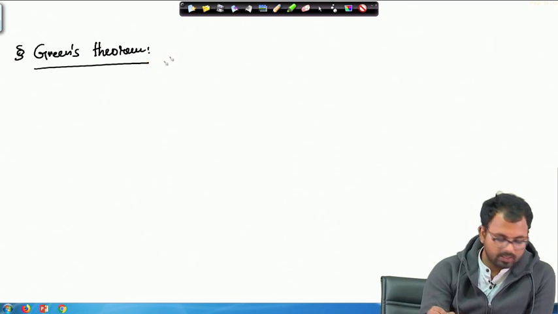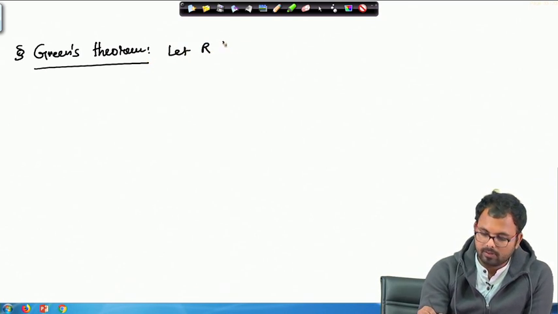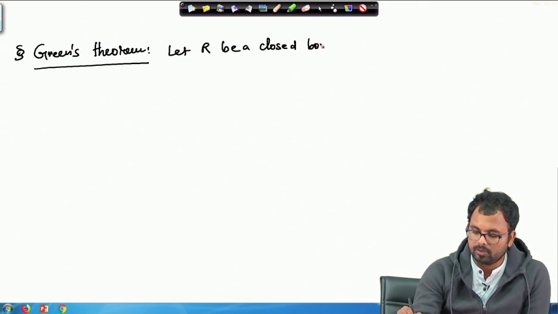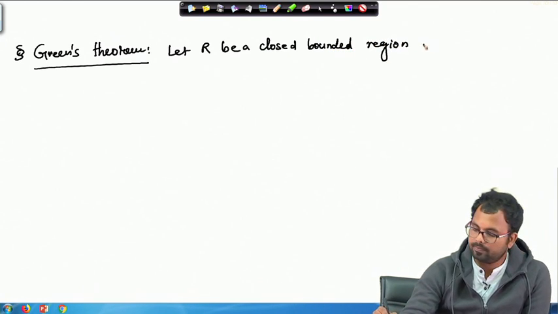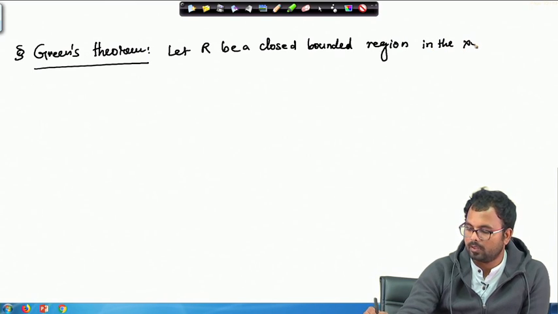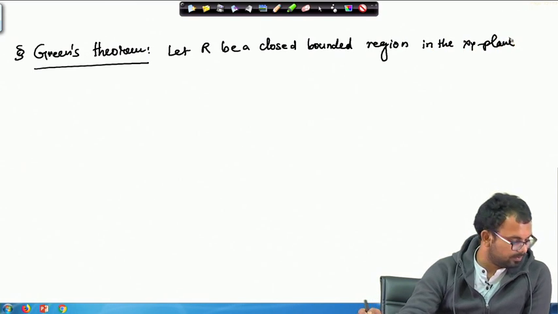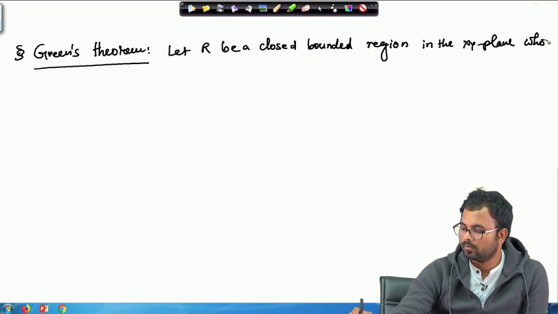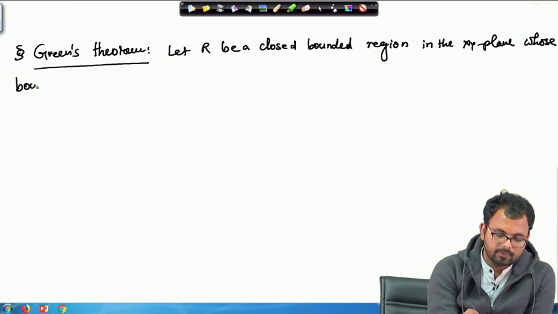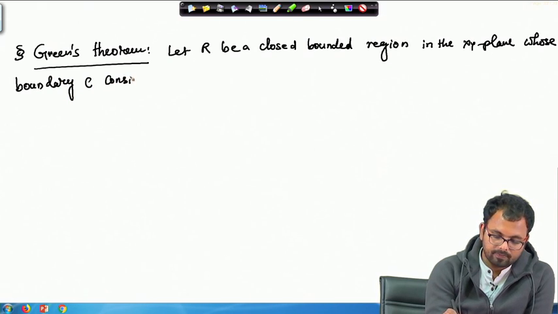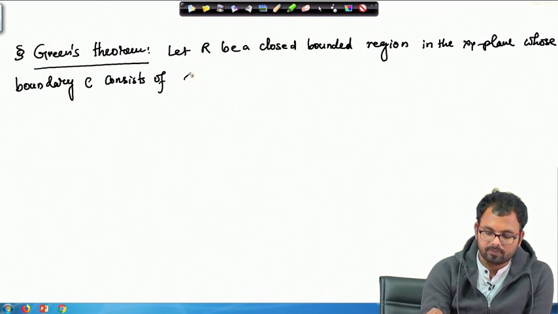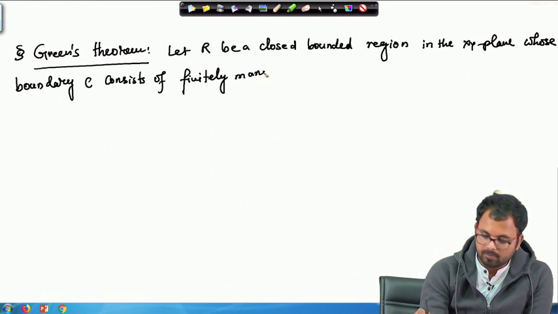So, Green's theorem states that let R be a closed bounded domain or closed bounded region in the xy plane whose boundary C consists of finitely many smooth curves.